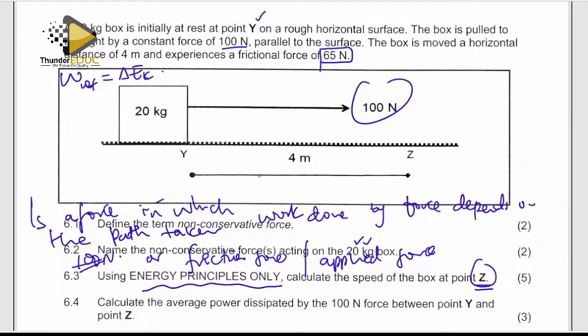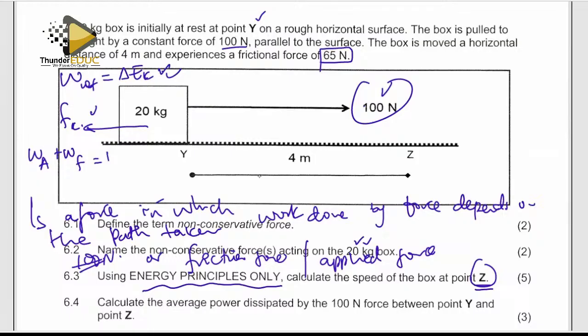This box has a frictional force in that direction, and we have the applied force, so only two forces act on this body. To get the net work, I'll get the work done by the applied force and the work done by the frictional force, and equate it to the change in kinetic energy.